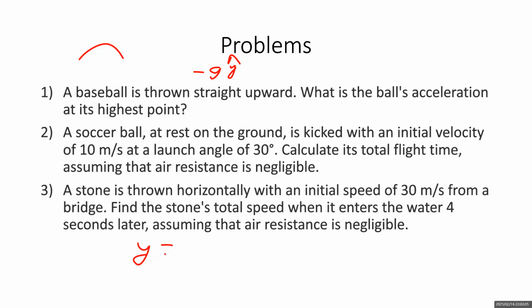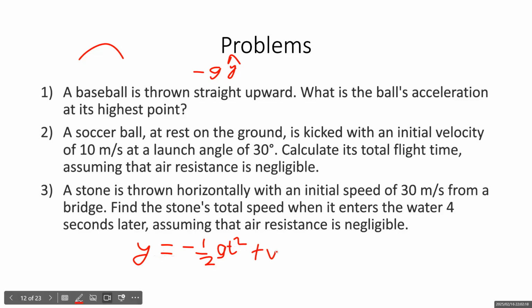So we have y equals negative 1/2 g t squared plus v naught sine theta t plus y naught.